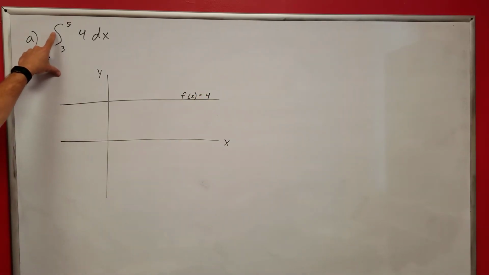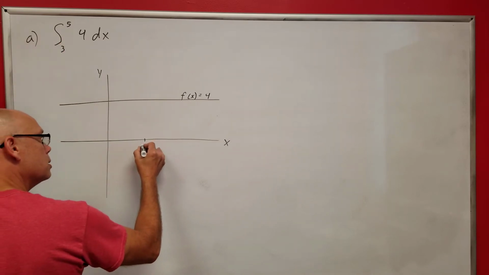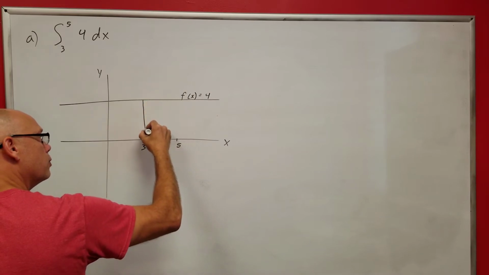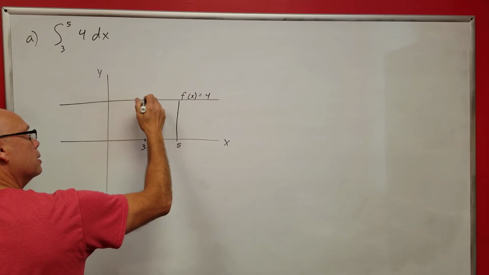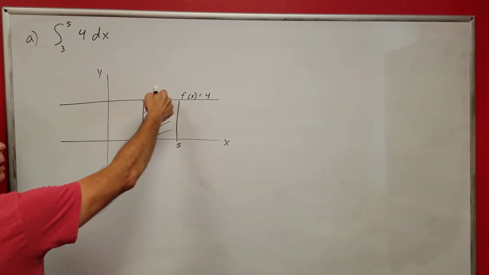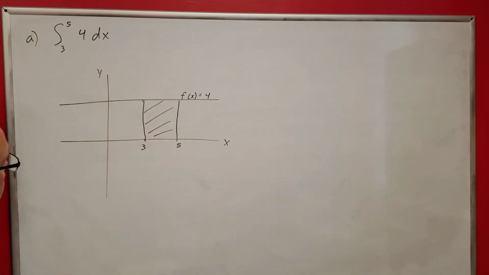They're saying because it's an integral, they want the area under the curve, but in particular here, they want it between 3 and 5. So go here to about 3, and then go here to about 5. And what they're looking for is this area right here between the curve and the x-axis and between 3 and 5, okay?